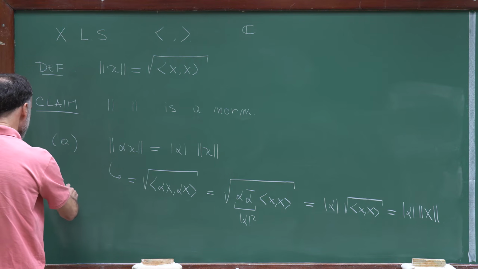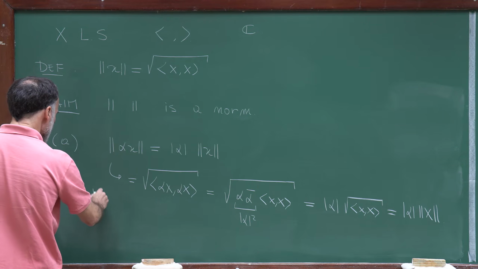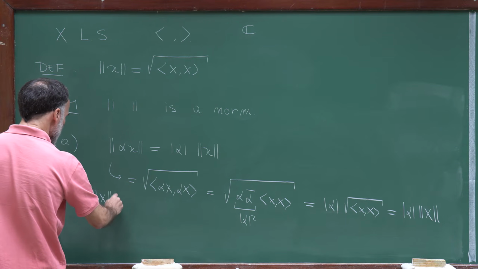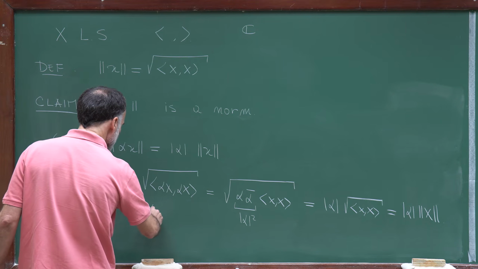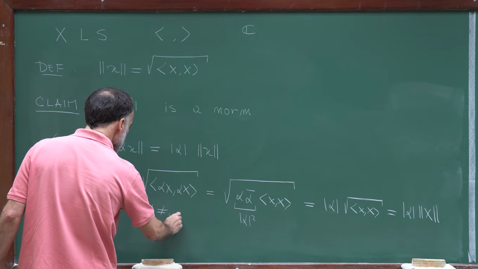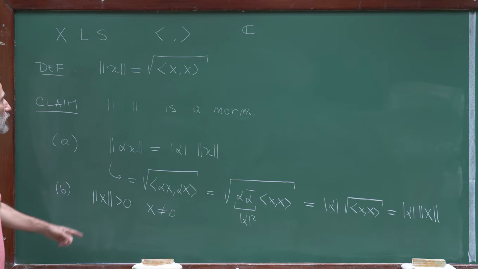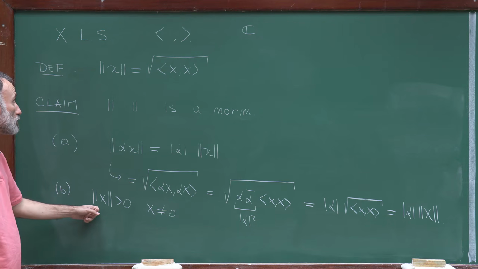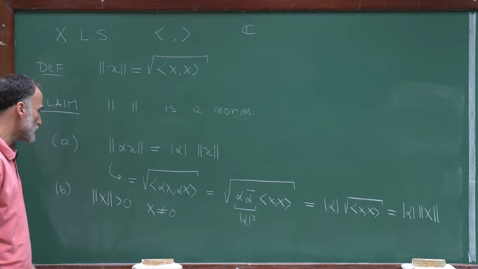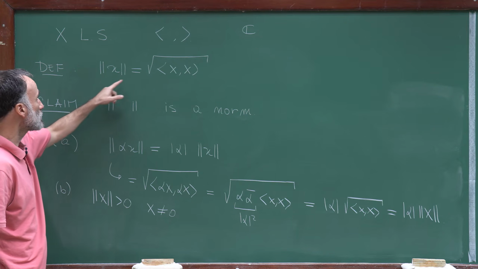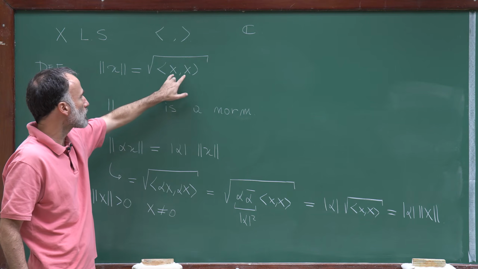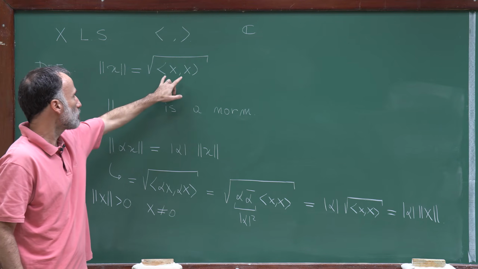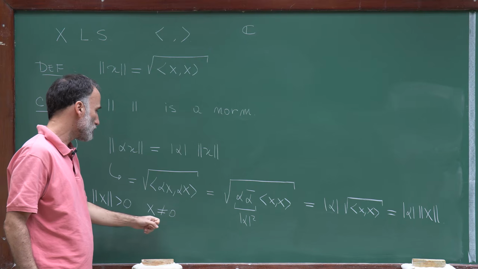Then a second property, which was that the norm of x is strictly positive if x is different from 0. But, well, this follows from the third property of the scalar product. The norm of x is equal to the square root of the scalar product, and we have seen that the scalar product is strictly positive if x is different from 0.